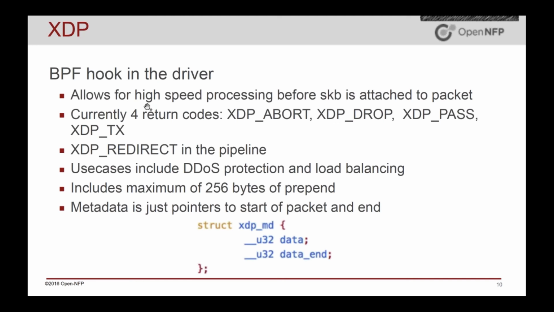But that's something for the future. Today, the main use cases involve DDoS protection and load balancing. XDP programs have none of the SKB infrastructure, as SKBs are added to the packet later, which is what makes it so powerful for DDoS, because you're able to drop packets as soon as they enter the driver.